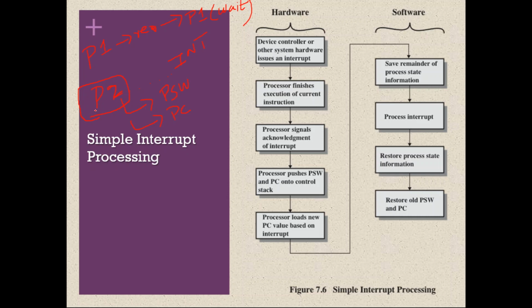If P2 was put in wait state after executing instruction 10, then it should continue with instruction 11, and this information is available in the PC, program counter. So this should also be pushed into the stack.